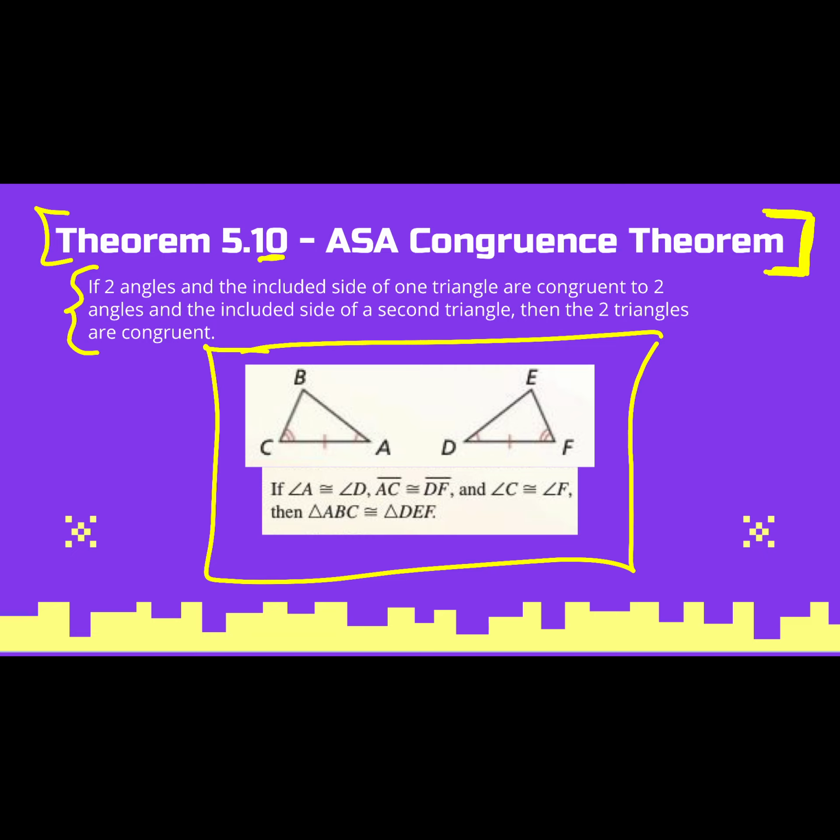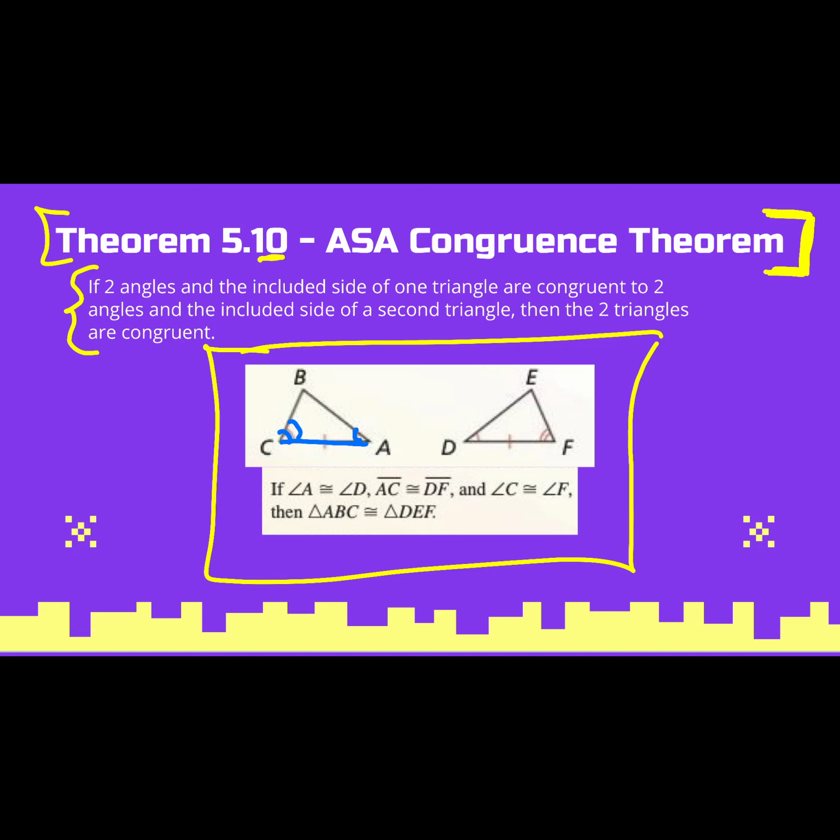So again, that idea of an included side comes up, where we have our included angle, where we have a side, and then in order to have angle, angle, side, the angle needs to be connected to that included side.